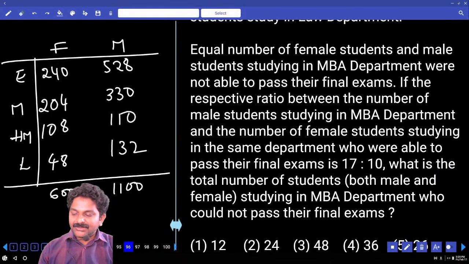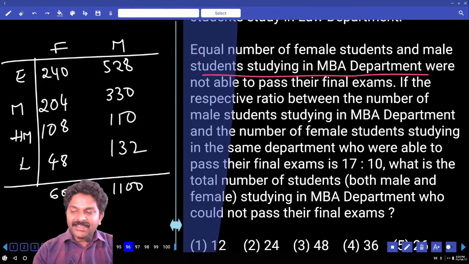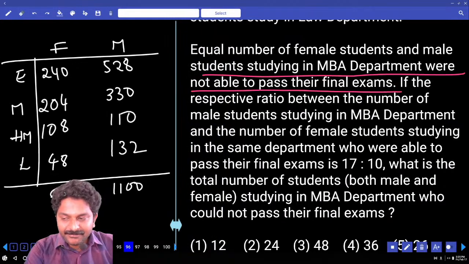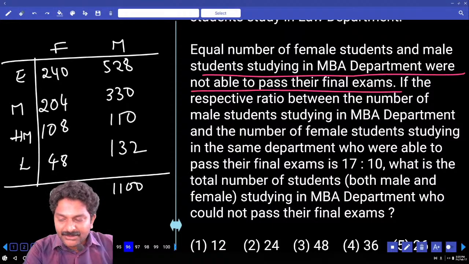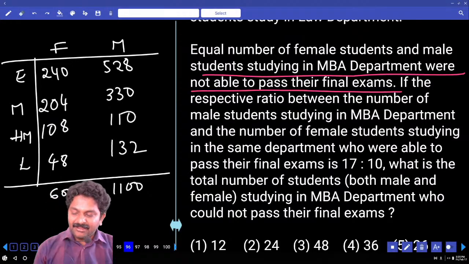Equal numbers of female students and male students studying in the MBA department were not able to pass their exam. The ratio between the number of male students and the number of female students in the same department who were able to pass their final exam is 17:10. What is the total number of students studying in the MBA department who could not pass their final exam?